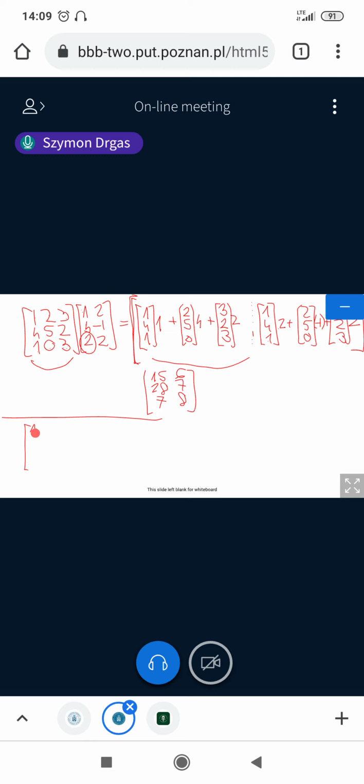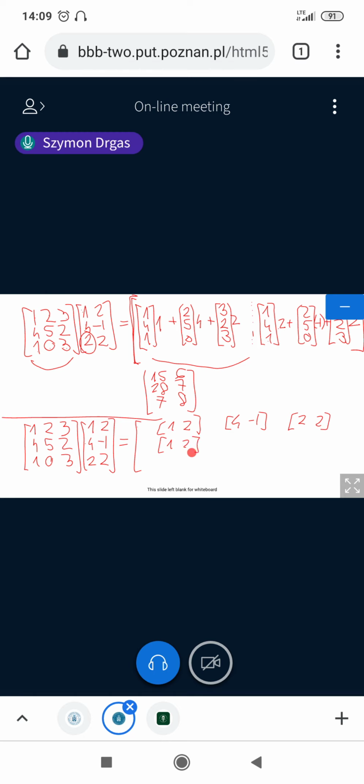So we have 1 2 3, 4 5 2, 1 0 3, and 1 2 4, negative 1 and 2, 2. Okay, so each row of the resulting matrix is a combination of these 3 rows.